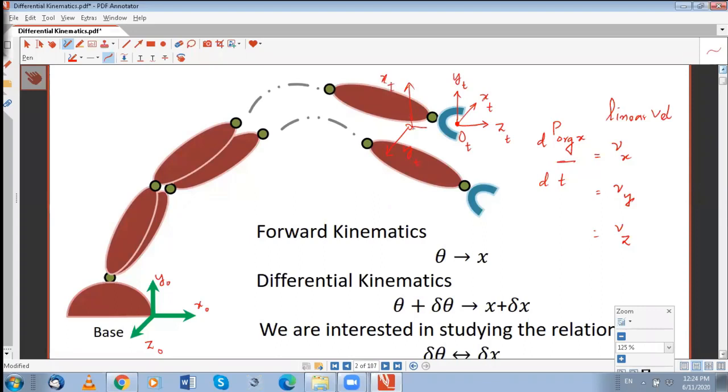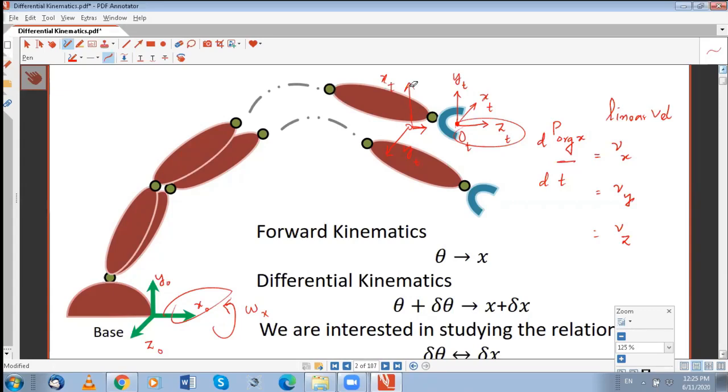And z will remain the same, because z is the same as x naught. If you divide that change in theta by the change in time, dt, that will give you omega x. And if it's rotating continuously, then omega x is a constant value.